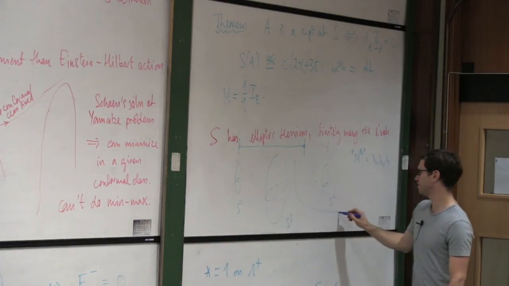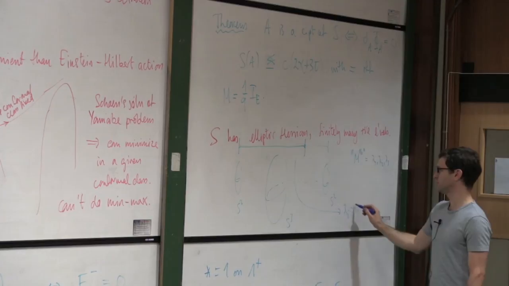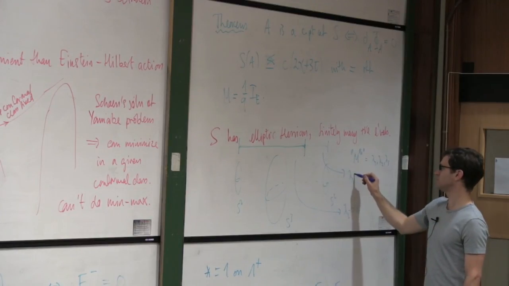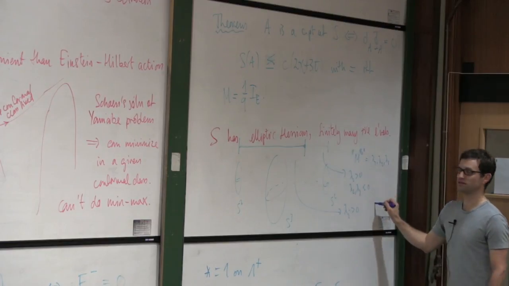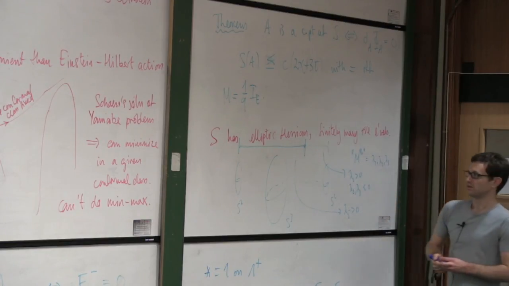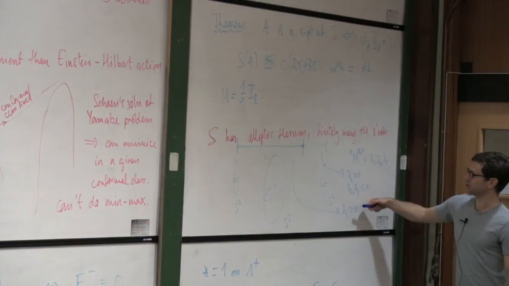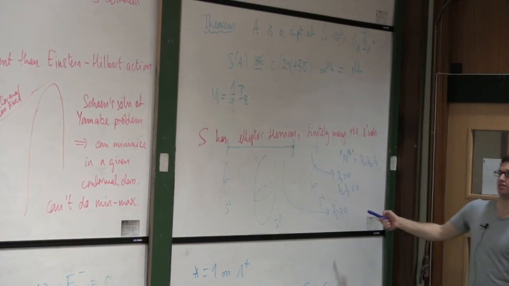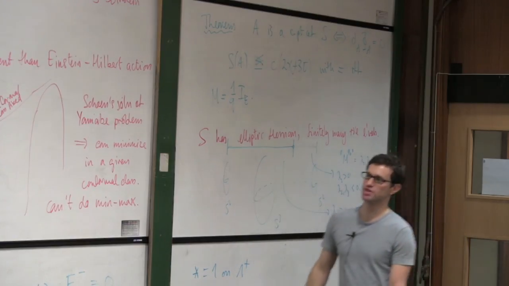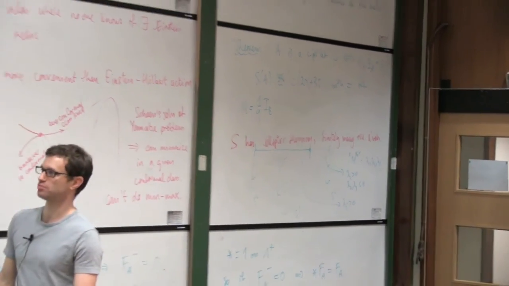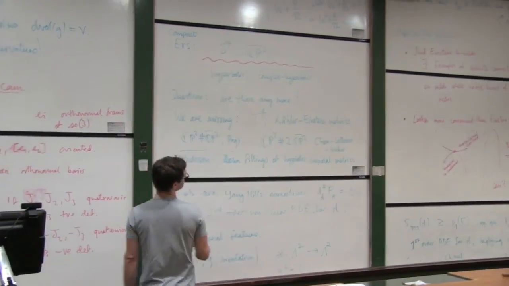Then over here, all the lambdas are positive. And over here, lambda 1 is positive, and lambda 2 and lambda 3 are now negative. Okay. So if you just stare at this connection, you can't really write down the metric, because something singular happens here. Except you can in a way, because the metric wasn't built from the curvature, it was built from this guy phi, which I've lost now.